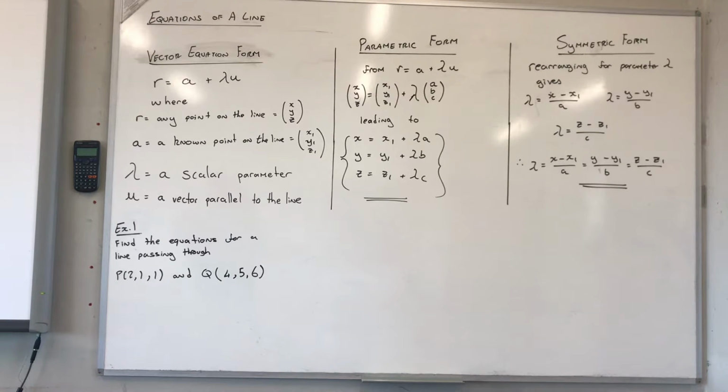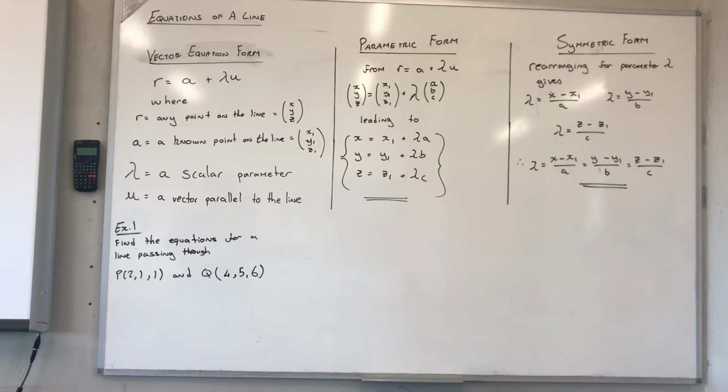Starting from the vector equation form, r equals a plus a parameter, lambda, times u, where r is any point on the line, so x, y, z. A is a known point on the line, so we know those coordinates.